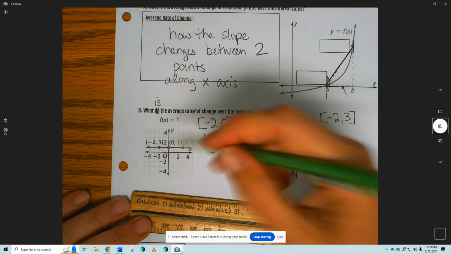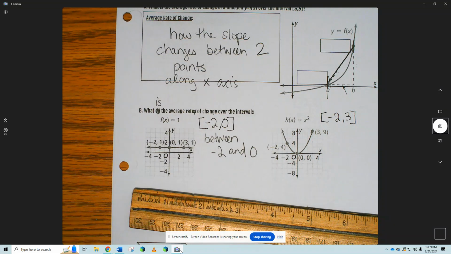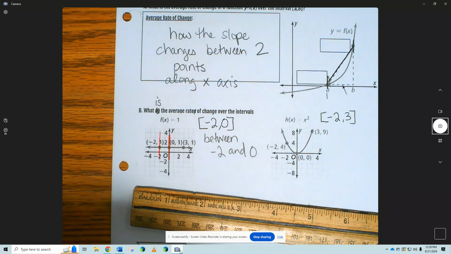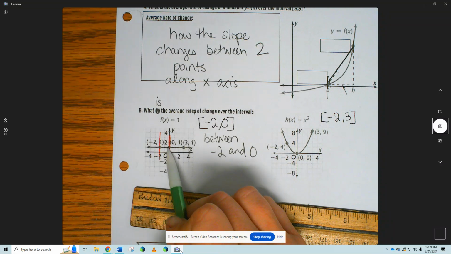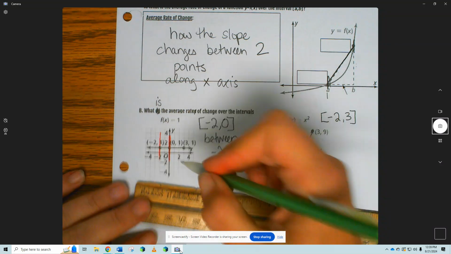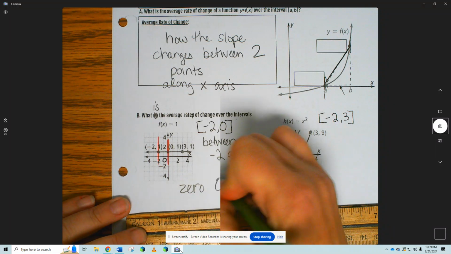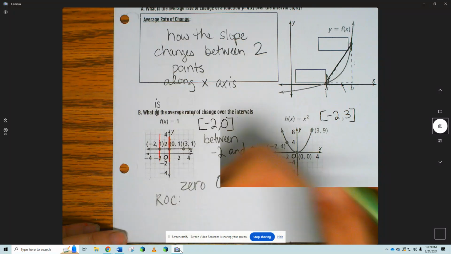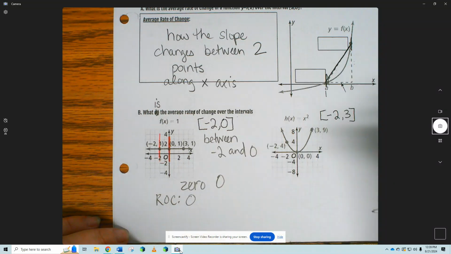Here's -2, and I'll do it in a different color. Here's -2. Here's 0. What's the rise and the run of this segment between -2 and 0? What's the slope? 0. The slope is 0. So the rate of change, ROC, now we're not using the official formula. I already said that. We're just doing a quicker version.